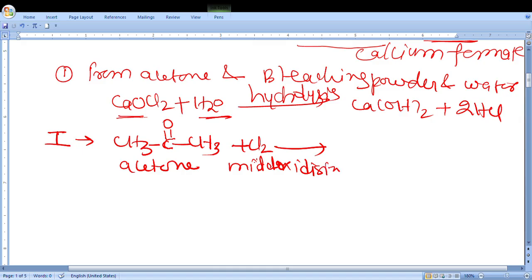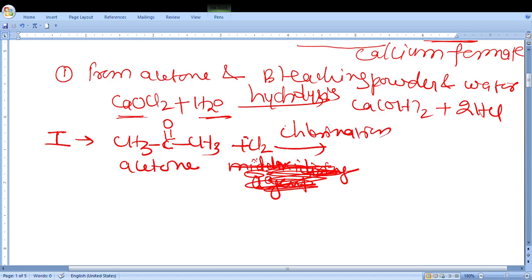Mild means it causes very slow oxidation. Weak oxidizing agent we can say. So it will cause chlorination only. Oxidation cannot be caused. So 3Cl2, only one of the CH3 will get chlorinated. CH3, C double bond O, CCl3 plus 3HCl molecule.